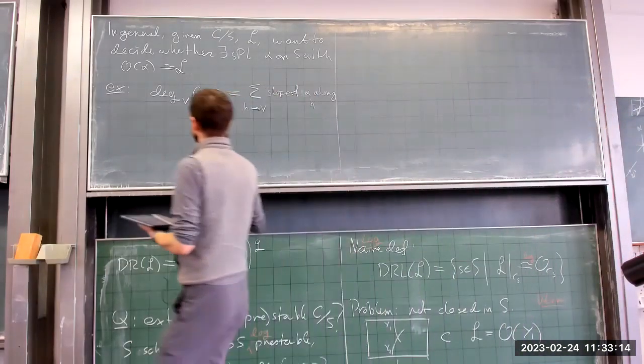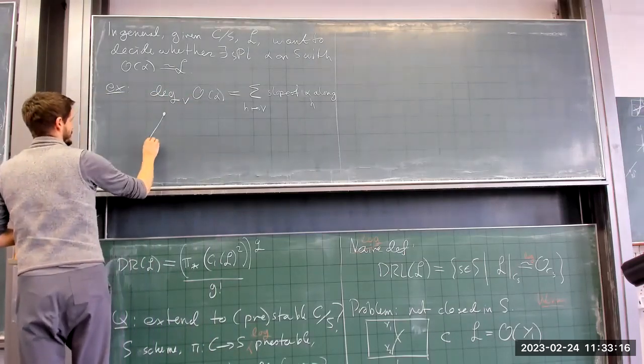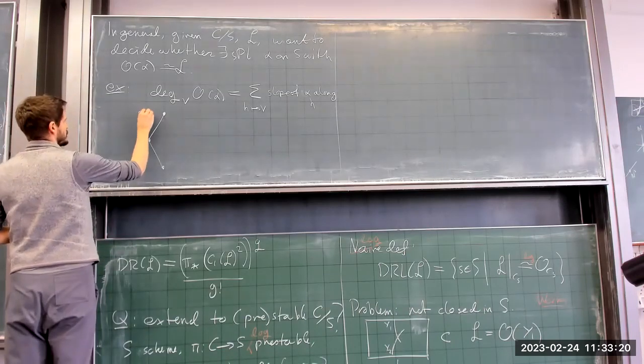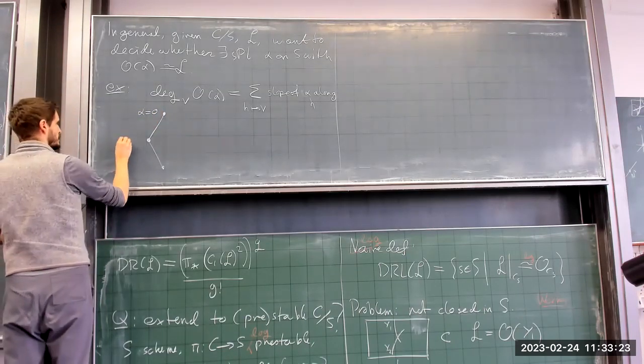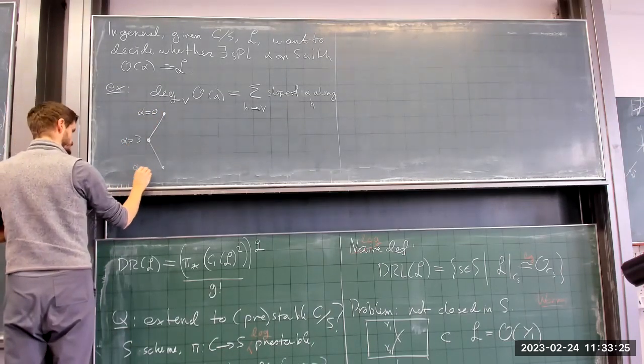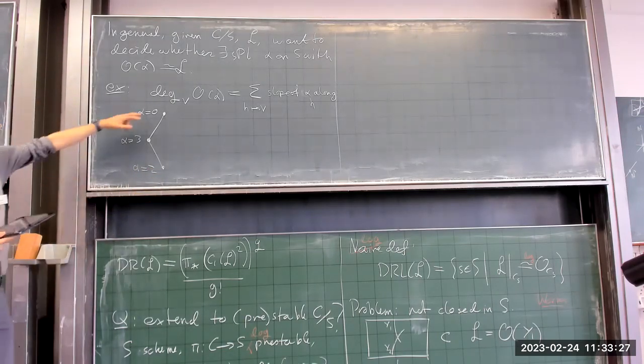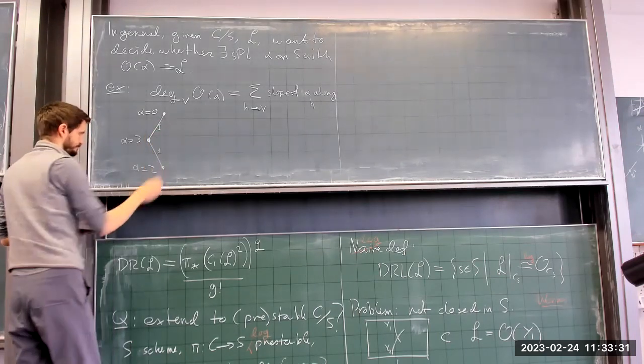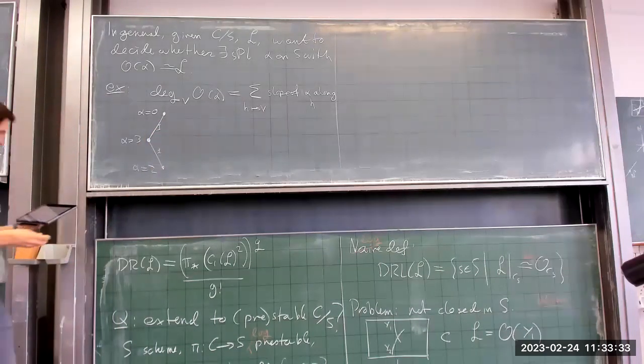So a little example of this, or slightly less little example of this. So this is my curve. Supposing, I don't know, here's some random value for alpha, 0, 3, and 2, and let's say the edge lengths are both 1. So then, what is the degree?